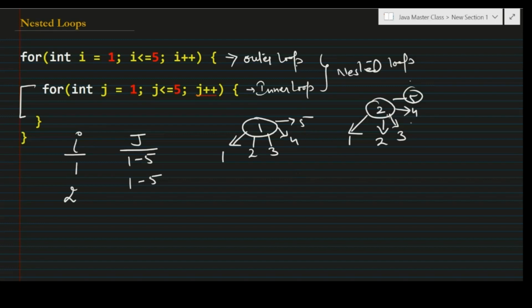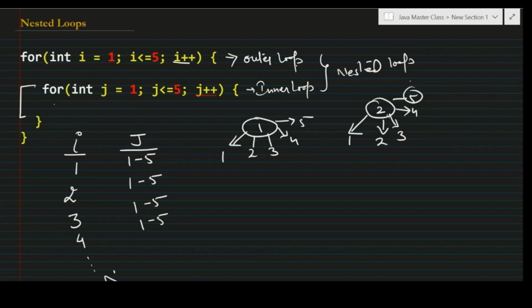And once all these values are printed, that means an entire cycle is completed. The value of i will be increased and it will become 3, and we will again start from 1 and go up to 5. Similarly, all values of j will be executed and then the value of i will be increased. It will become 4 and the value of j will again be printed from 1 to 5.